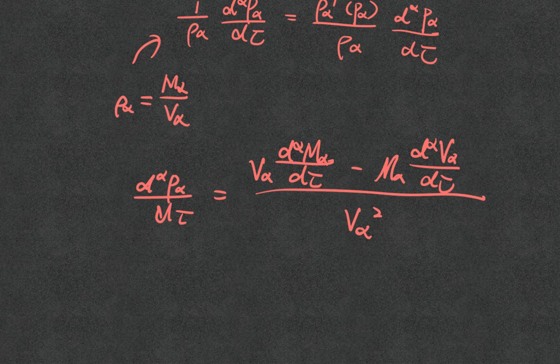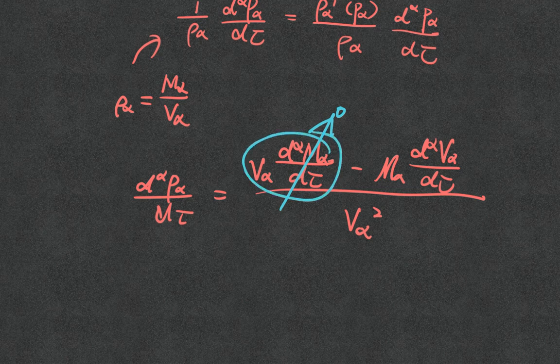Now notice that the mass doesn't change over time. In a closed system, the initial mass and the final mass are the same. We cannot create or destroy mass in a closed system, so this one goes to 0, and this whole term goes to 0.